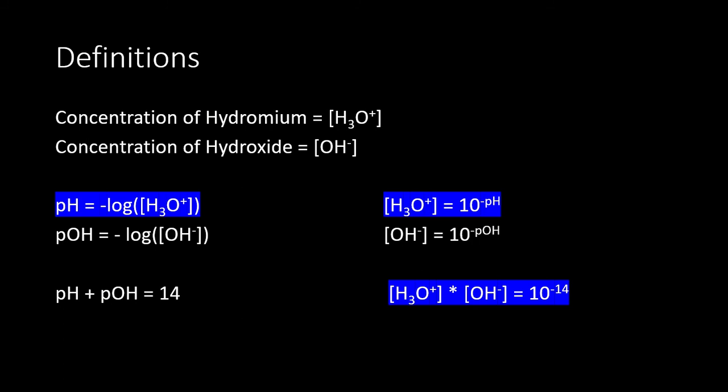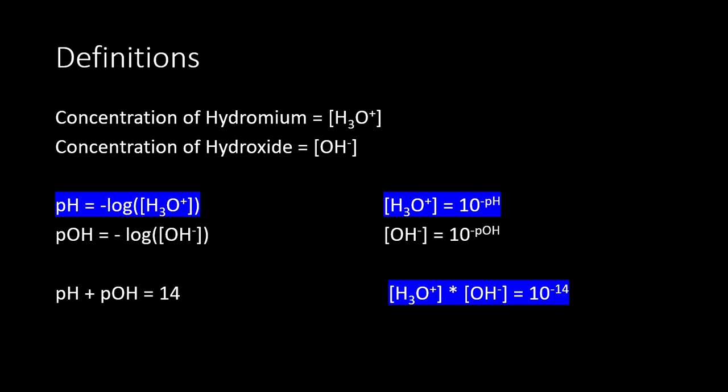Essentially, hydronium ion concentration, if you don't know it, but you do know the pH, just simply take 10 raised to the negative pH power. If your pH is 2, then the concentration of hydronium ion is just 10 raised to the negative 2 power.